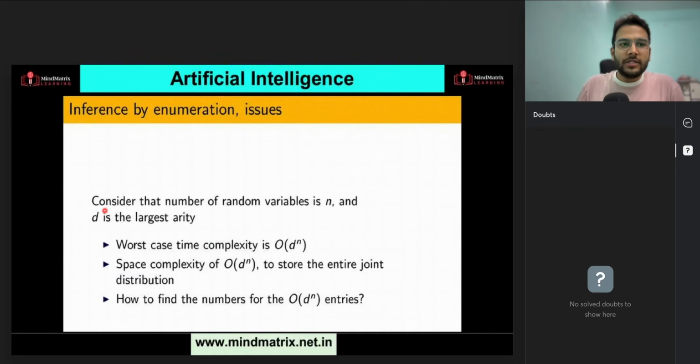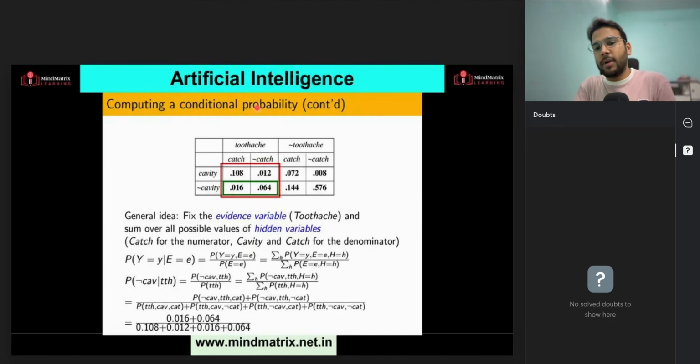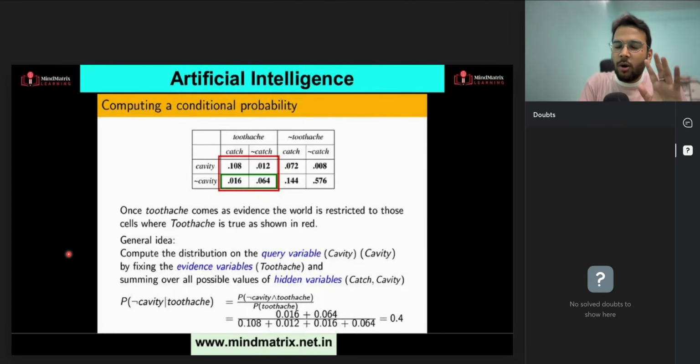Okay, now let's see carefully. There are some issues in this joint probability. You have understood that joint probability distribution is very powerful and very useful also. But don't you think that finding all the possible random variables for a certain event or a certain domain, if I talk about just this dentist problem, right?